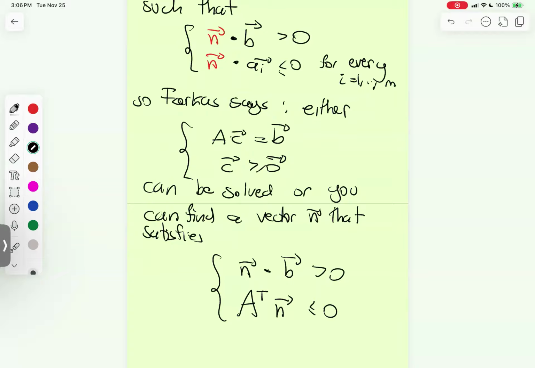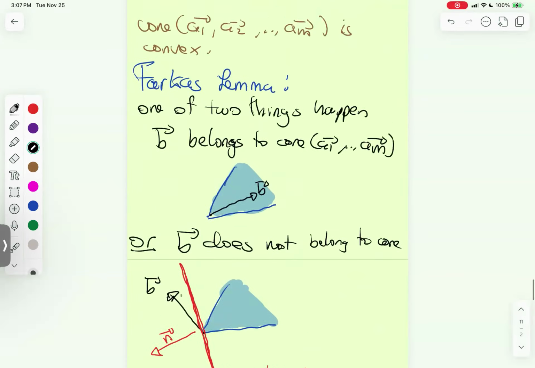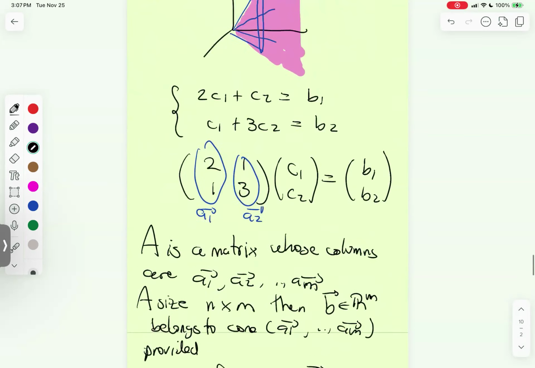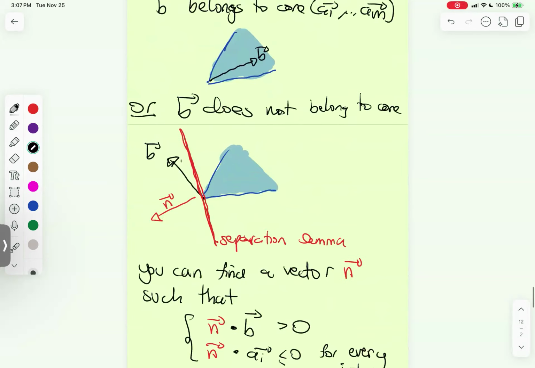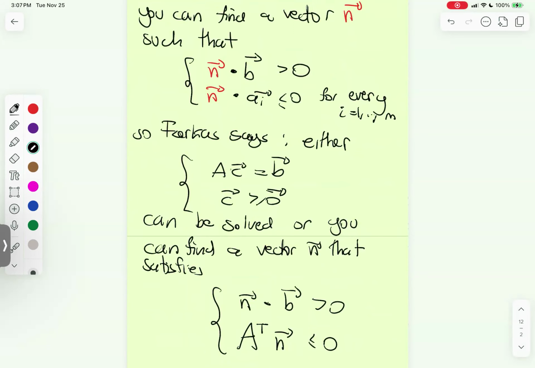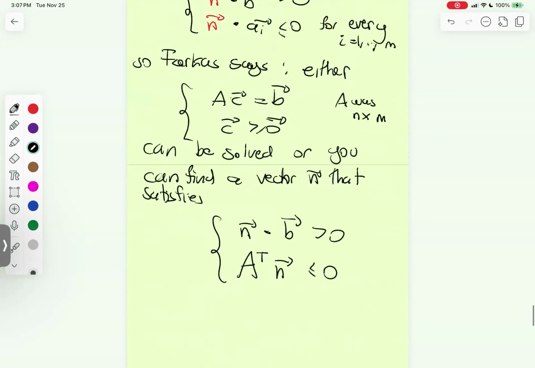Where did b live? A was, again, terrible notation, n by m, which is the usual opposite size convention.